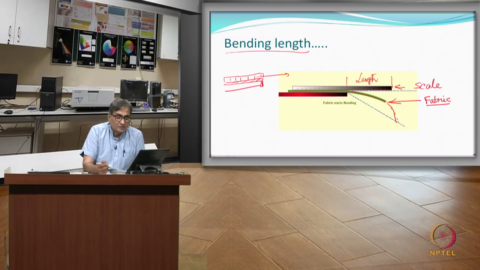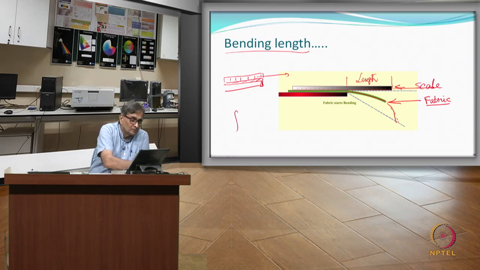You can appreciate that if the fabric is very rigid, then you will have to move it much more before it can touch this. If it is flexible, then it can touch maybe here. So, the length can be less.